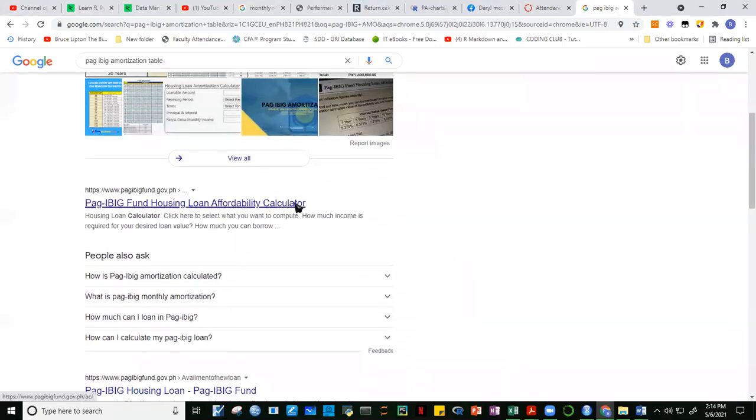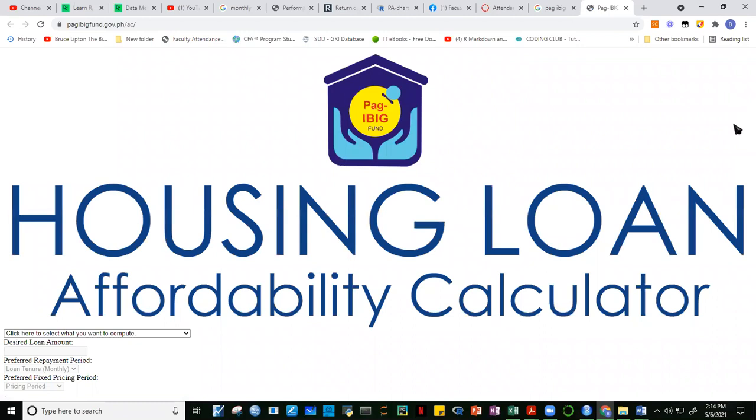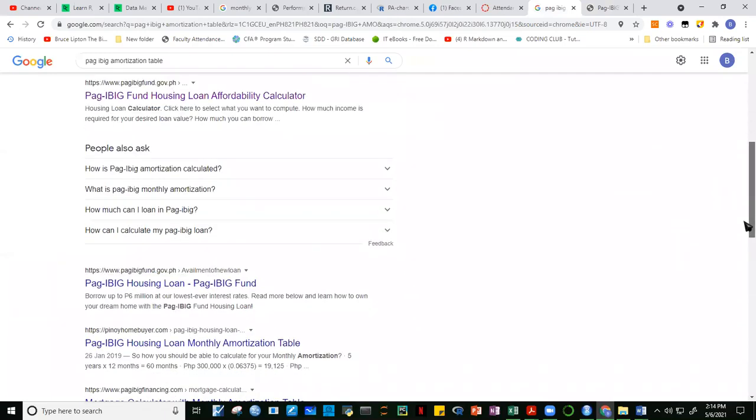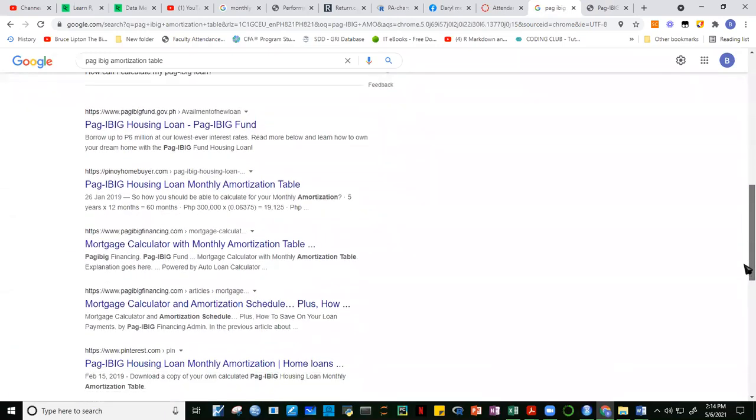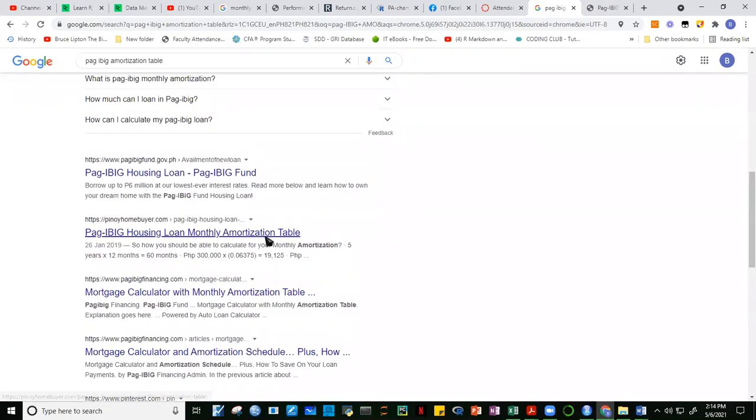Okay, they have a loan affordability calculator, for example. Housing loan. Not this one, it's better here. I'm looking for it. Is this the one?